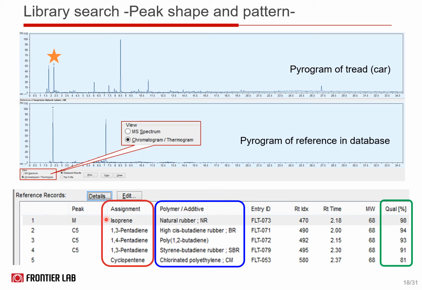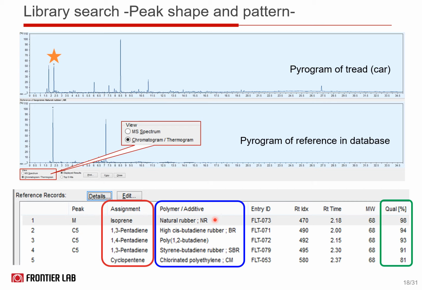Here, the compound with the highest match rate was isoprene, suggesting that this is most likely a pyrolysate of natural rubber. In Py-GCMS analysis, the heat breaks down the polymer, so most of the time the original polymer structure cannot be determined by looking at the pyrolysates.